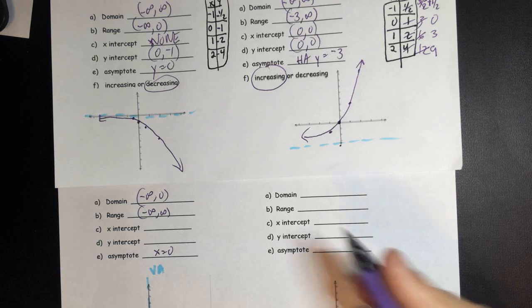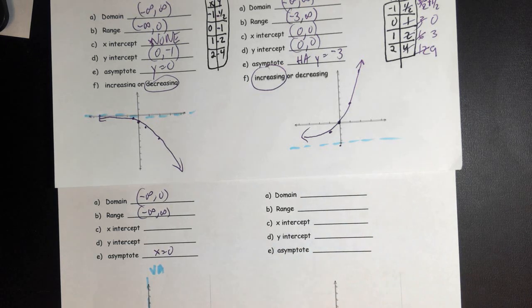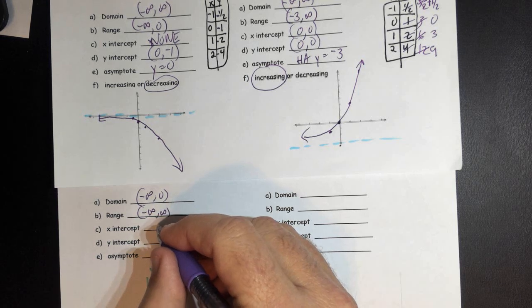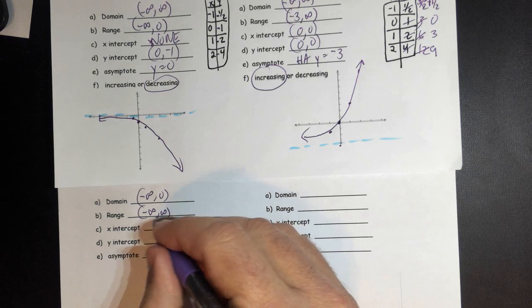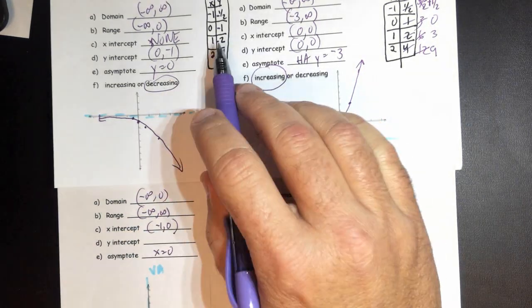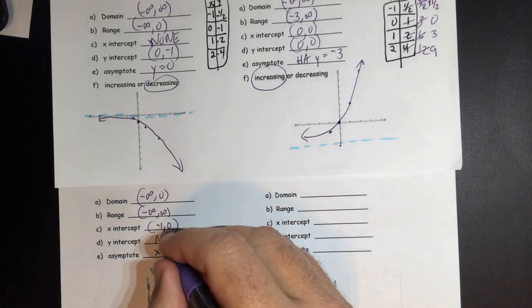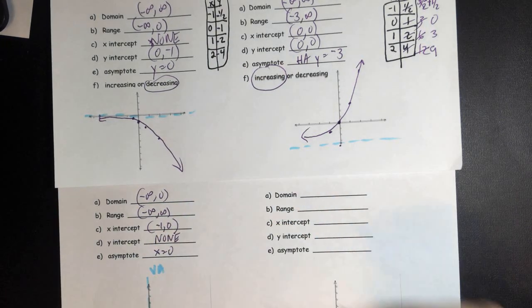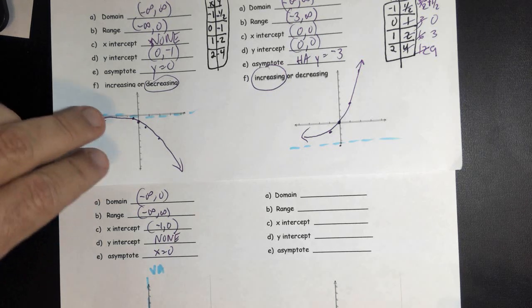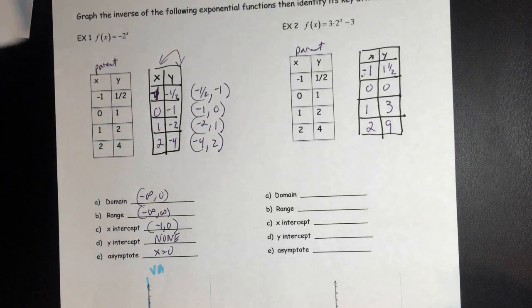We didn't have an x-intercept, but notice we have an x-intercept now. My x-intercept is now at (-1, 0). Before, I had a y-intercept at (0, -1), and now I don't have a y-intercept. So notice how everything flipped and also switched points. There would be my graph.